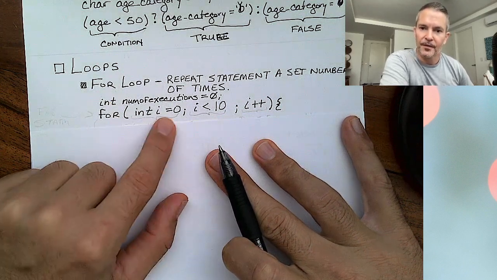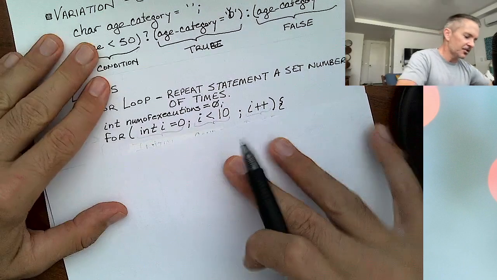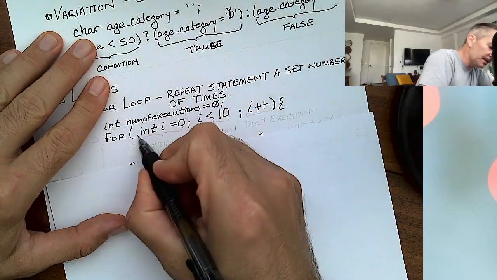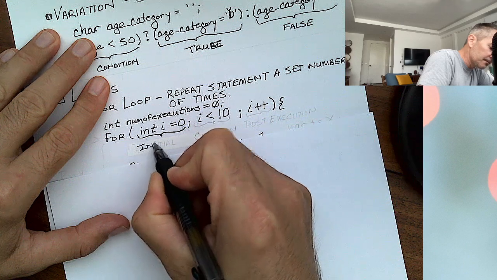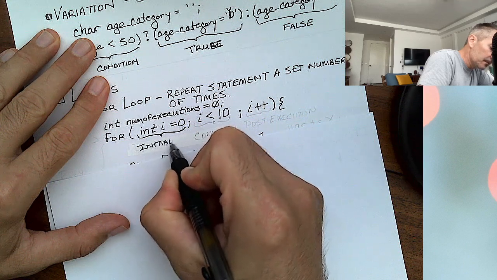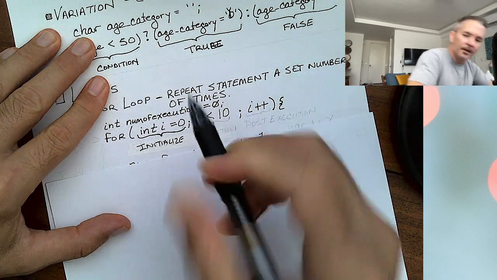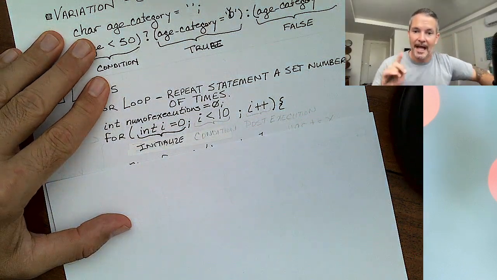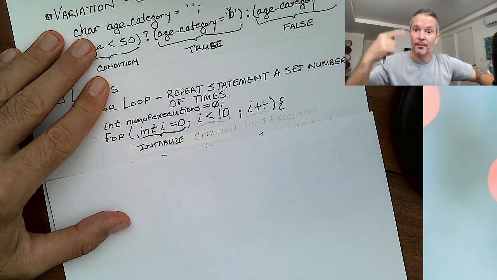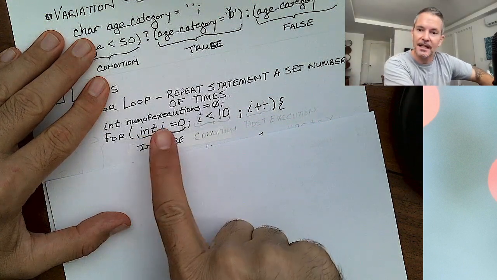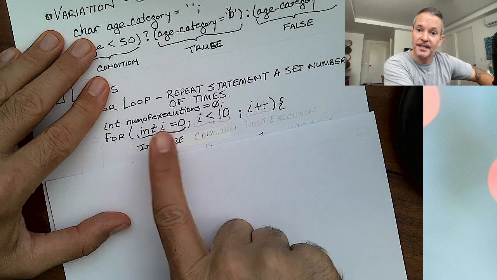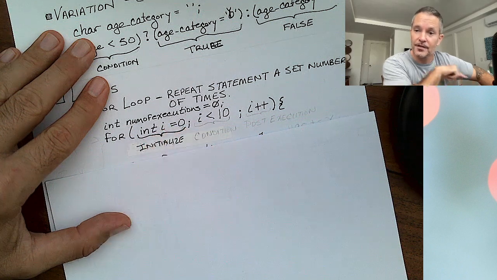For, open parentheses. This first section here is called initialization. Initialize. It only runs one time, and it happens before the loop begins. So the first statement that I'm executing is I declare an integer, int i equals 0.